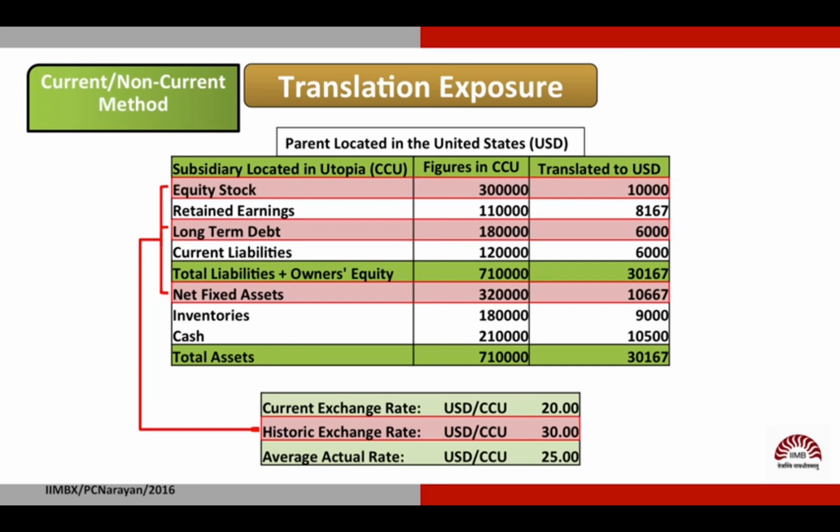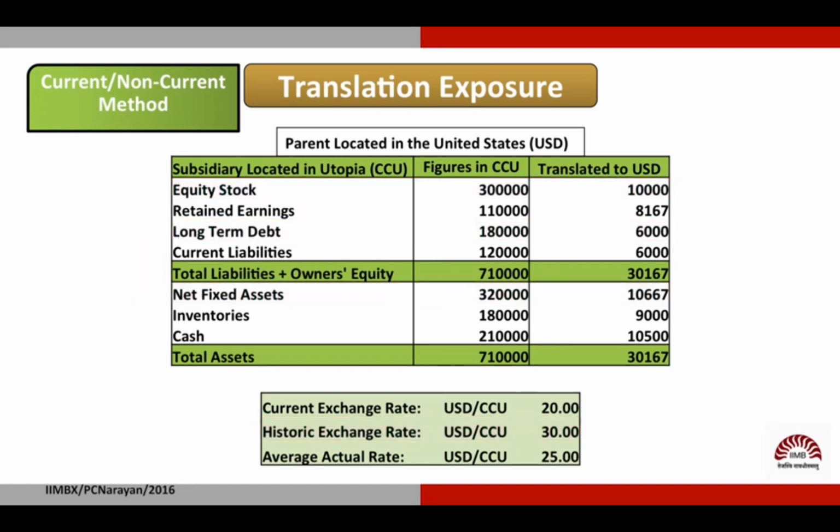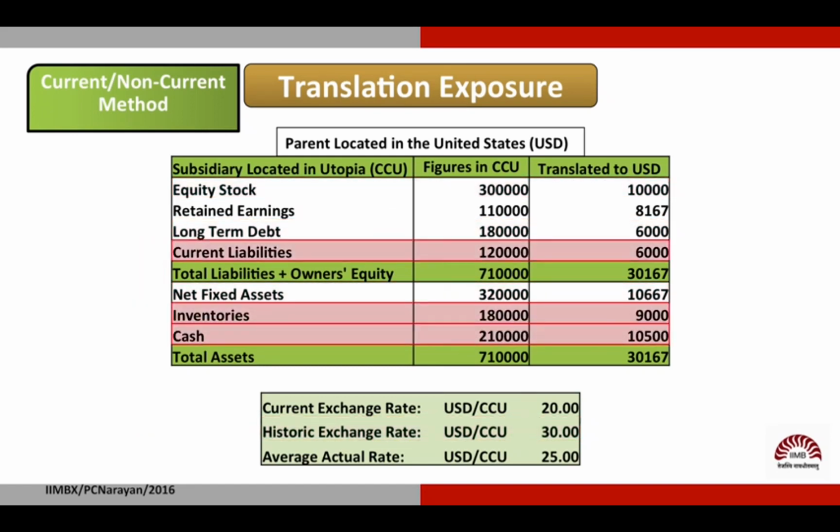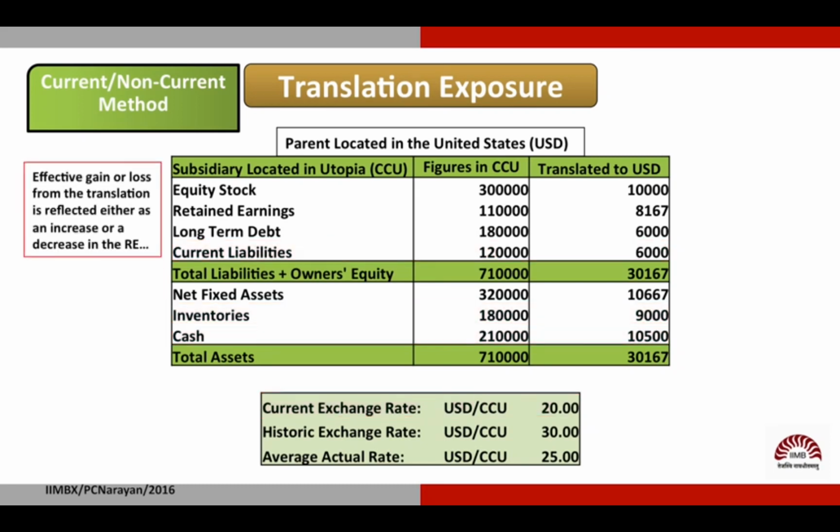As you can see from the spreadsheet on your screen now, long-term assets such as net fixed assets, long-term debt, equity stock, etc. are translated at the historic exchange rate of USD/CCU 30.00, whereas current assets such as inventories and current liabilities are translated at the current exchange rate of USD/CCU 20.00. The effective gain or loss from the translation is reflected either as an increase or a decrease in the retained earnings.